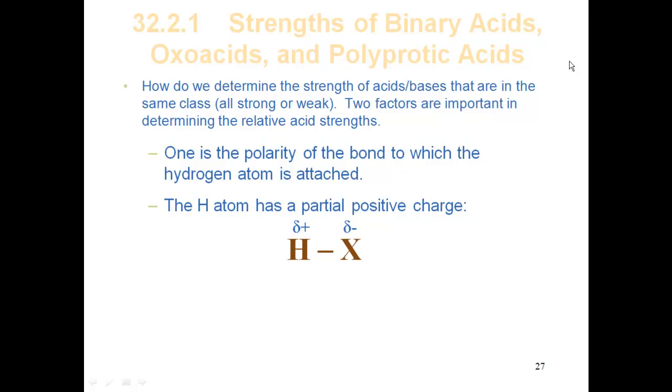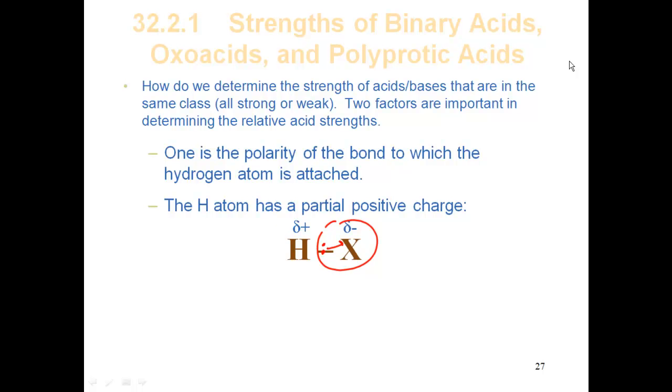You might recall, if we have a bond, you get a shared pair of electrons between two atoms. They don't share the electrons equally if they are different atoms. The species that has more electronegativity is going to get a bigger share of electrons, so the electrons spend more time around the more negative species, and less time around the positive species.